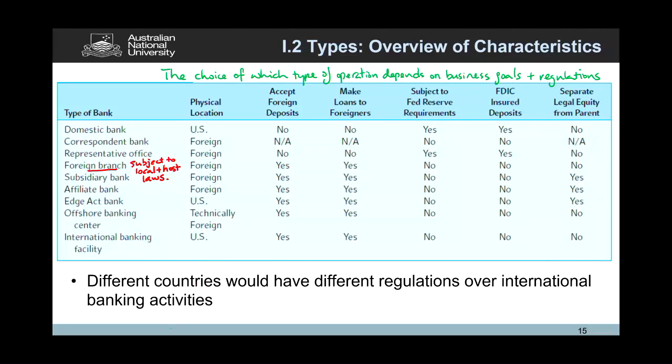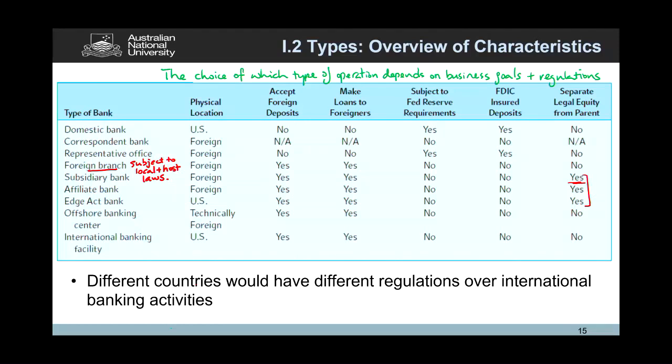That office is an independent legal entity that is separate from its parent bank. So now we start to see the separation here. And then we also see an affiliate bank, which is similar, except that it could be only partially owned by the company or wholly owned.